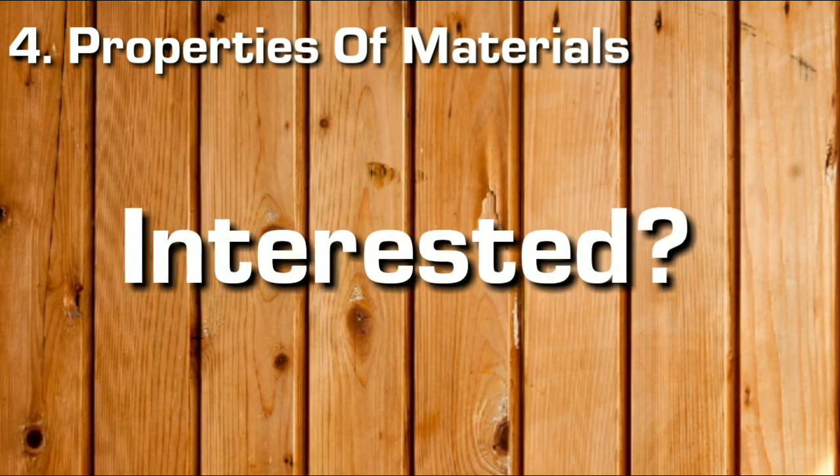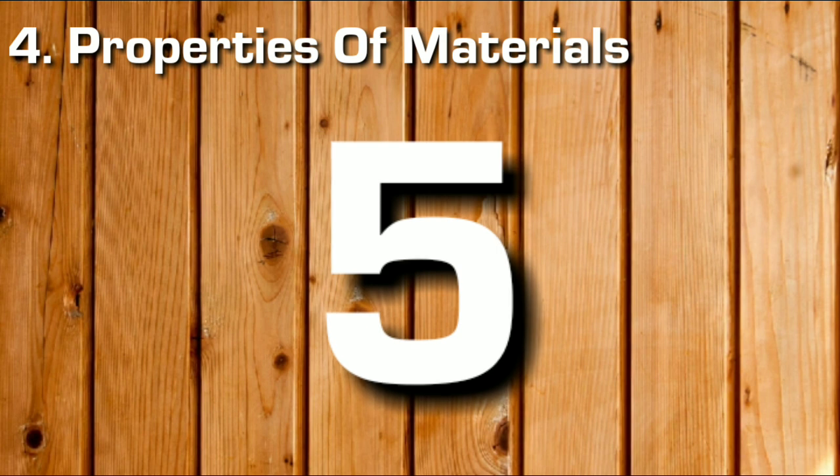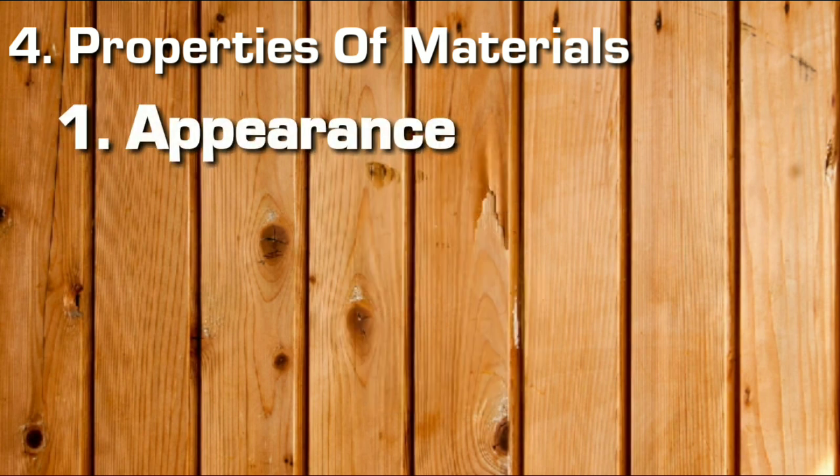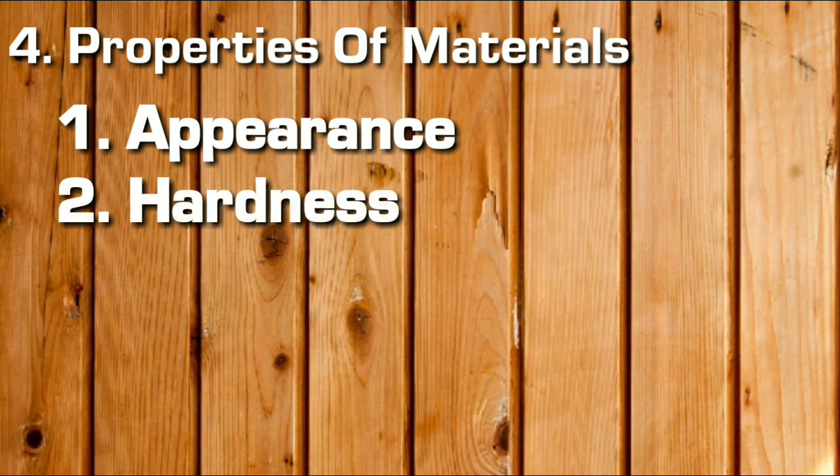Are you interested to know about this? So then let's see what those properties of materials are. There are 5 properties of materials. First one is appearance, meaning how the material looks. Second one is hardness, whether the material is hard or soft to compress.